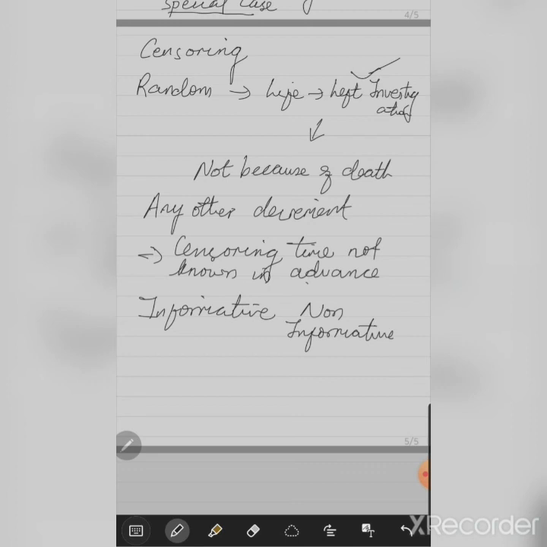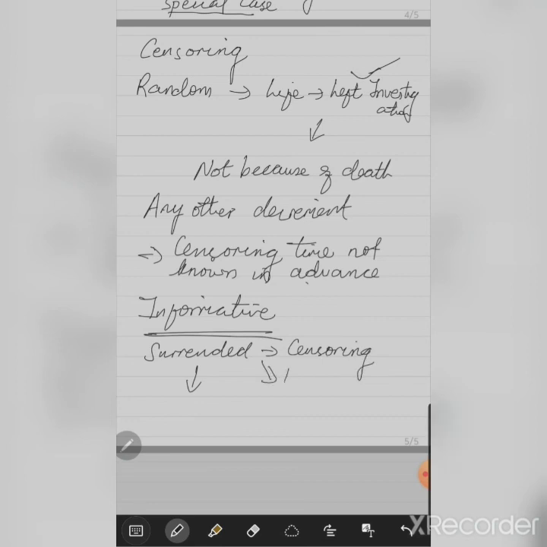So let's say the parties who have surrendered their policies. If I have to really conclude, they're all censored because of the risk which I'm looking at. So the risk can be, let's say, death. Now, this censoring has happened where people have surrendered their policies.